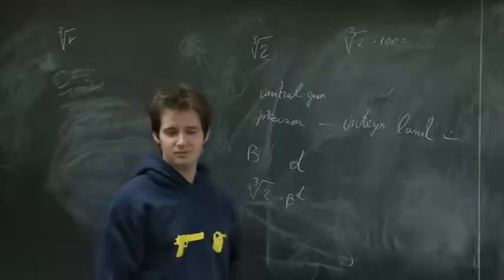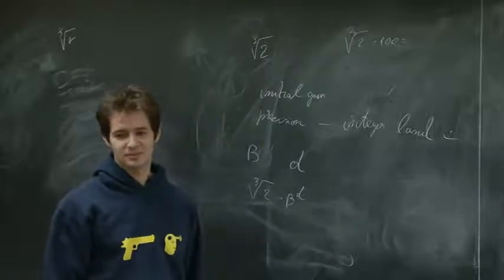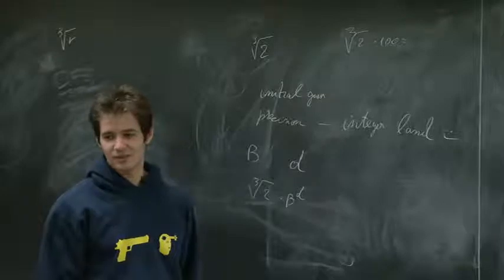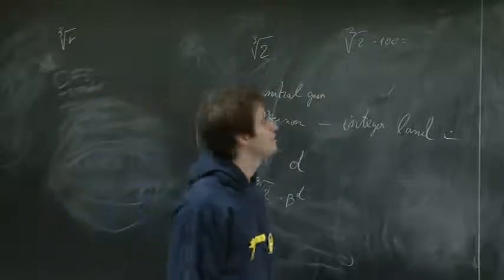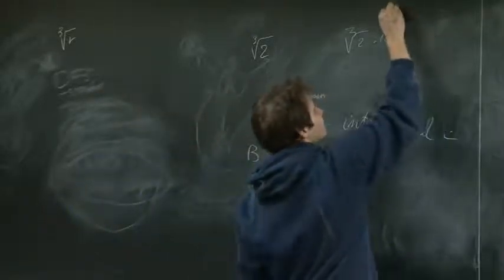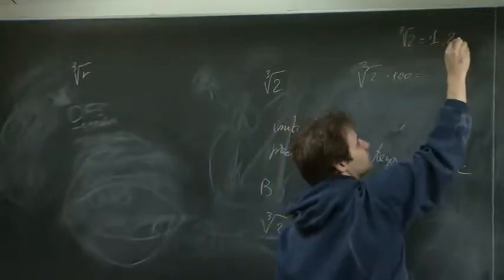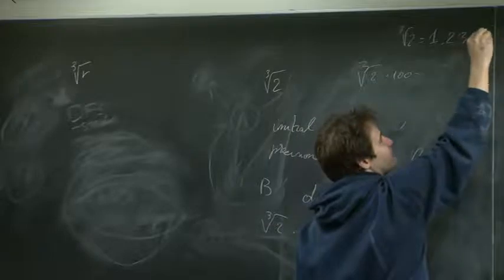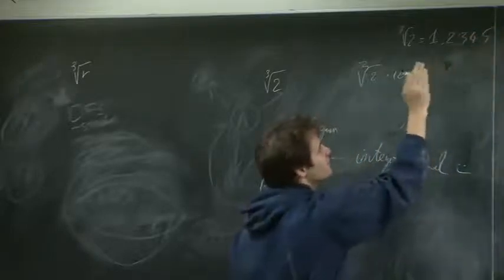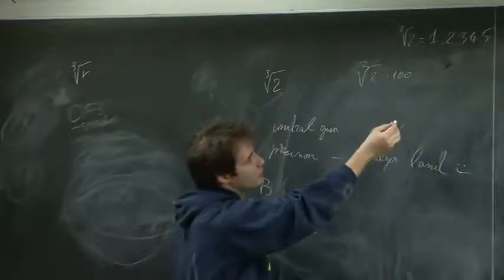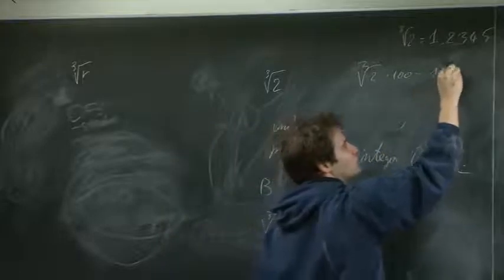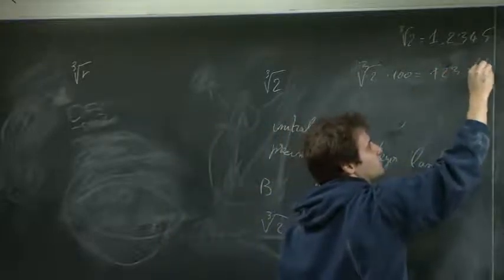Sorry, cube root of 2. 1.2. So let's say that it is 1.2345. Hopefully someone will fix this up for us. But let's say it's this. If I multiply it by 100, what will I get? 123.45.